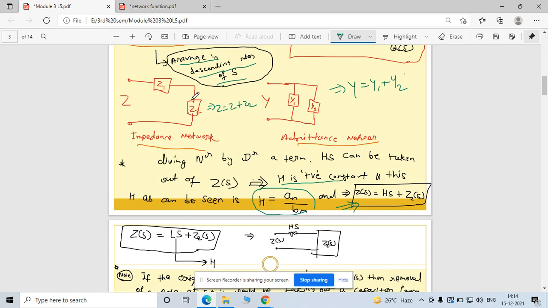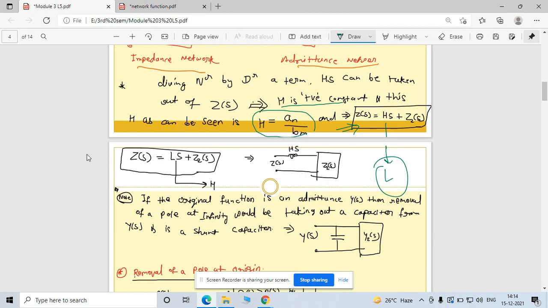So here H represents your L. So this is nothing but your inductor L, in series in this impedance format. So Z of s is nothing but Ls plus Z2 of s.